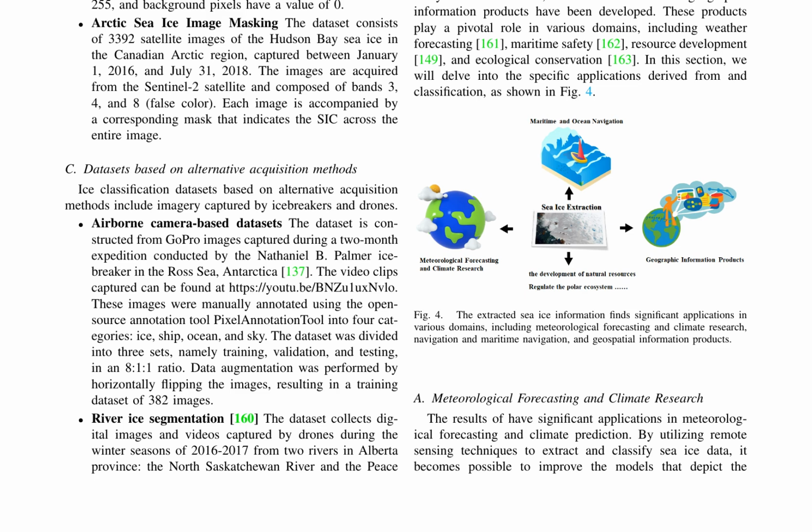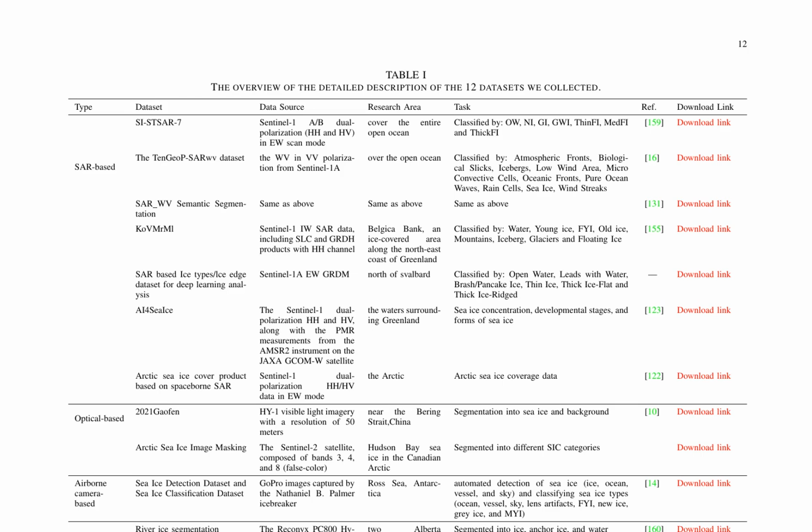Additionally, the authors mention alternative acquisition methods, including airborne camera-based datasets, such as the dataset constructed from GoPro images captured during a 2-month expedition in the Ross Sea, Antarctica, and drone-based datasets, such as the River Ice Segmentation dataset and the NWPU_YRCC2 dataset.